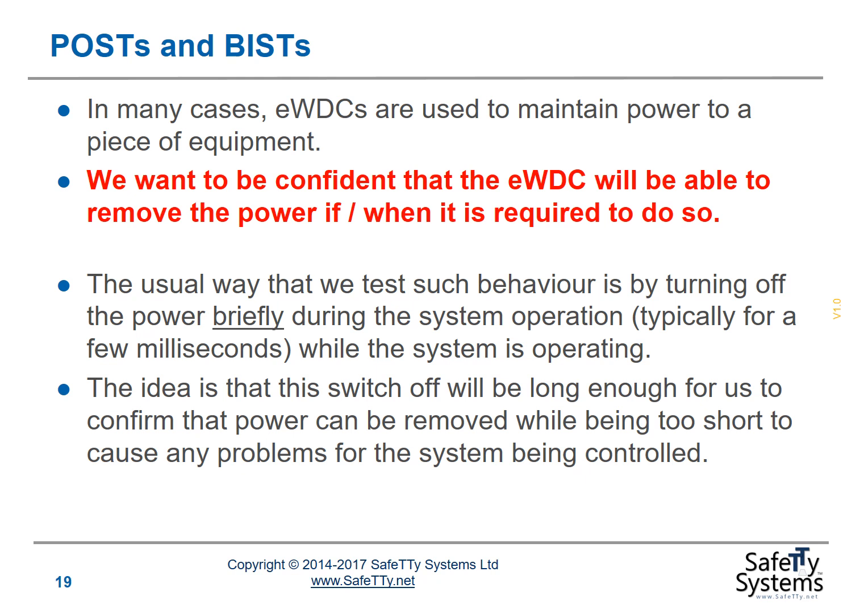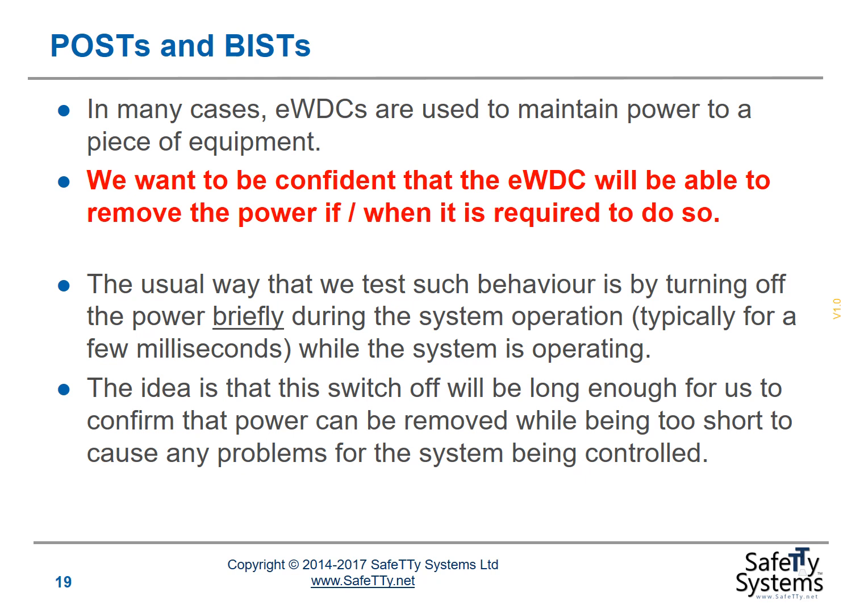The usual way that we test such behavior is by turning off the power very briefly during the system operation, typically for a few milliseconds while the system is operating. The idea is that the switch off will be long enough for us to confirm that power can be removed from the system while being too short to cause any problems for the system being controlled.